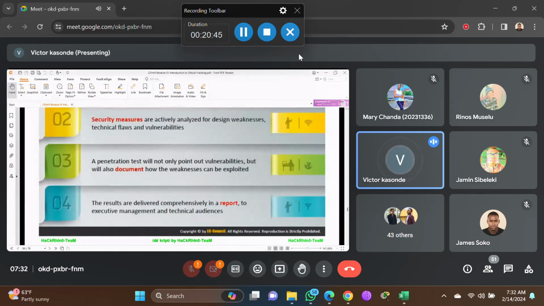So ensure that you document. That's why they are saying penetration testing will not only point out vulnerabilities, but will also document how the weaknesses can be exploited.